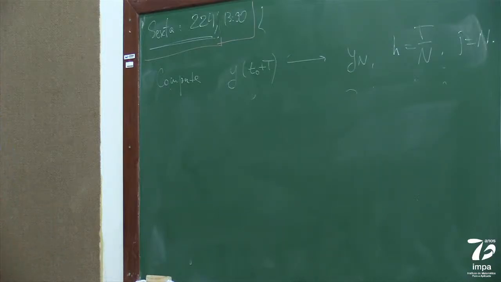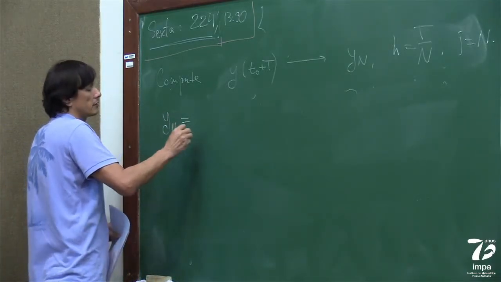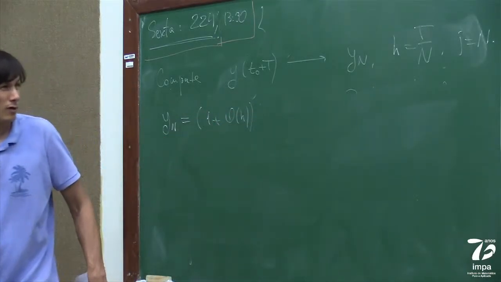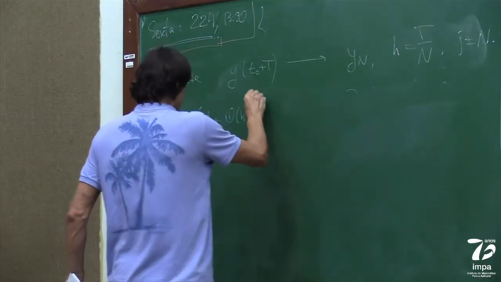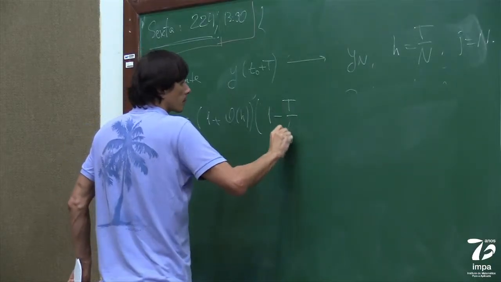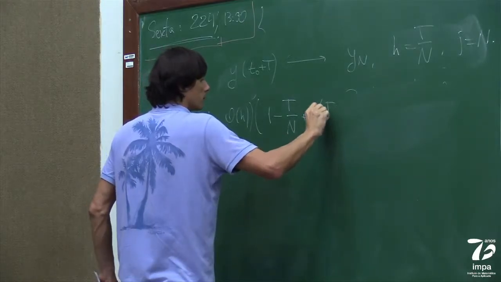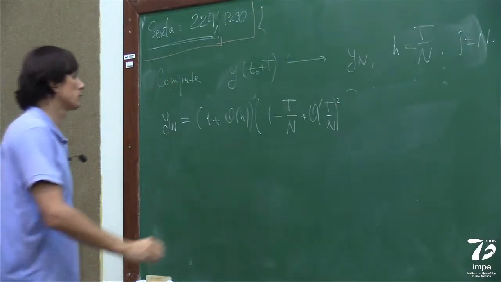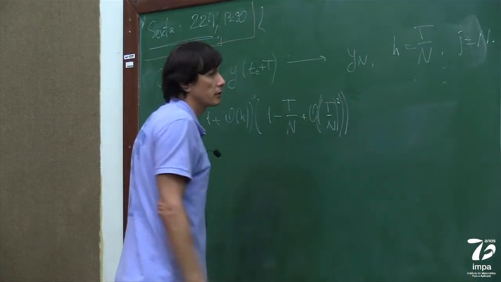So what we have is, yn is 1 plus h, 1 minus h, in the power n.